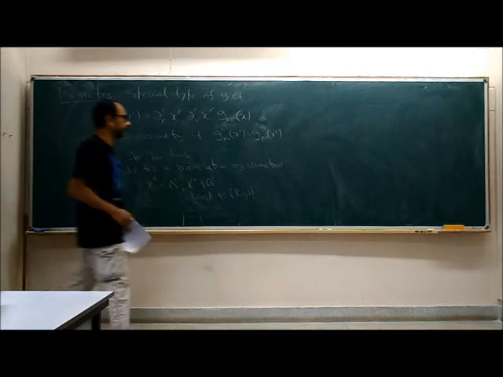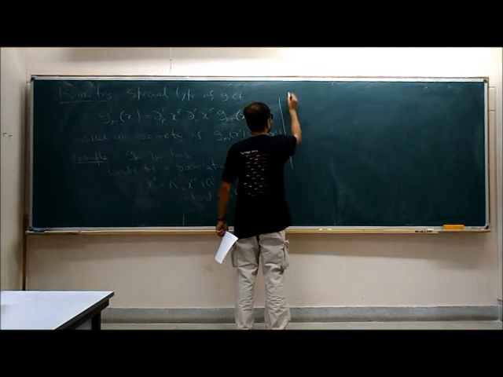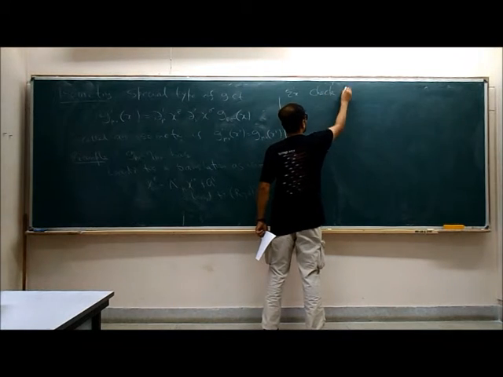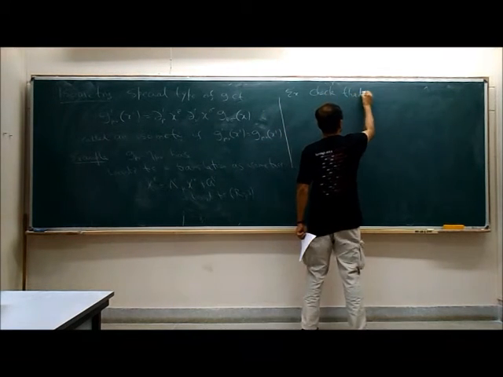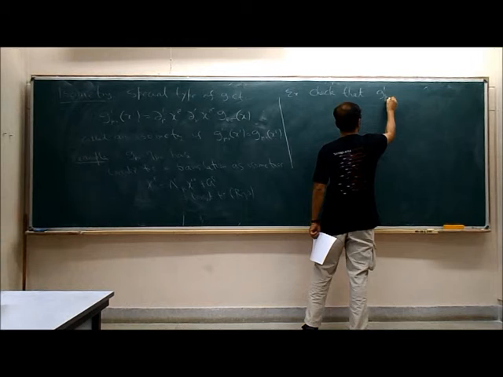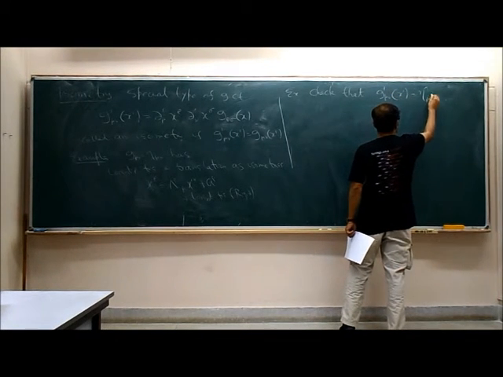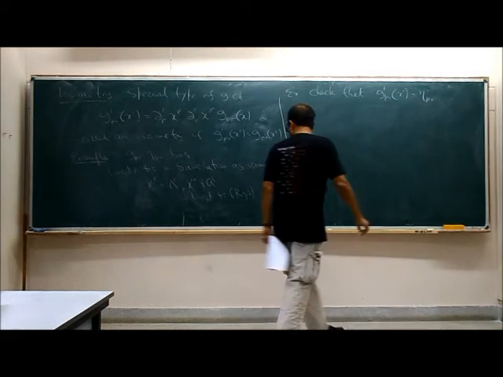Okay, so exercise: check that G prime mu nu of x prime is also eta mu nu.